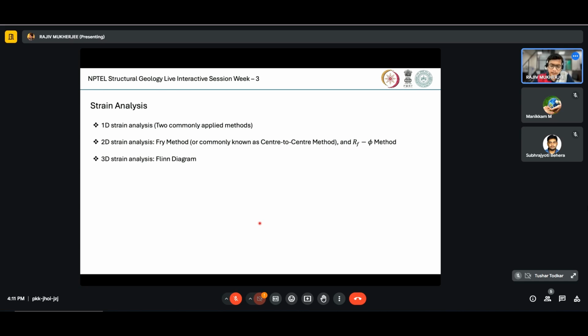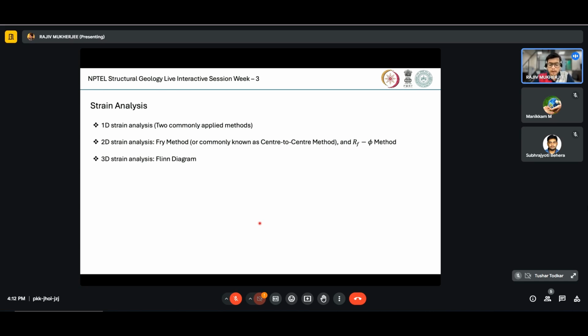But in nature, whenever we go to the field doing structural geological field work, we see various kinds of structures. May it be a brittle structure like a fault or slickenlines, or joints or fractures, or some ductile structures like folds, boudinage, lineation, foliation, etc. These kinds of things are very common in the field.